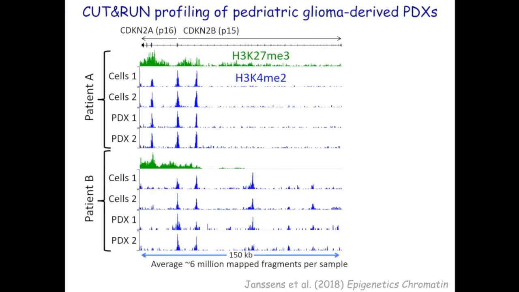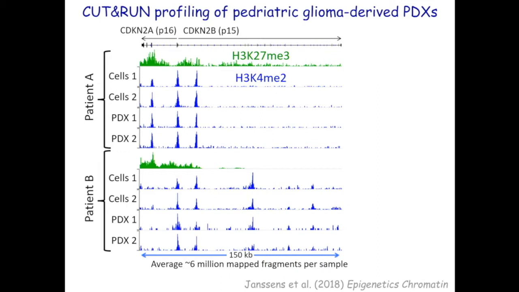So if we use an antibody to H3K4 dimethylation, which gets the promoters and enhancers throughout the genome, and we look at replicates here for fresh cells or flash frozen and thawed patient-derived xenografts, you can basically see that we get similar data quality.